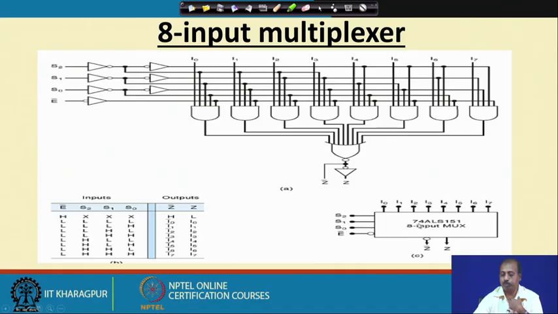It has 8 data inputs, 3 select inputs, 1 enable line, and it has both the output and its complemented version, so Z and Z bar are both available. Internally you can think that the circuit consists of something like this, which produces the proper output depending upon the values of S0, S1, S2 and the enable line E.